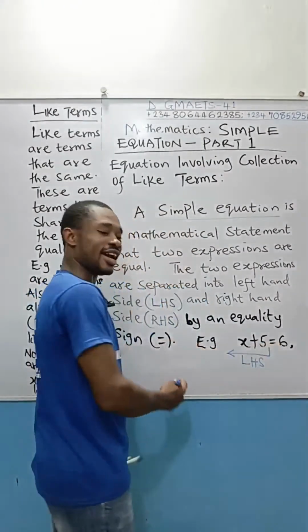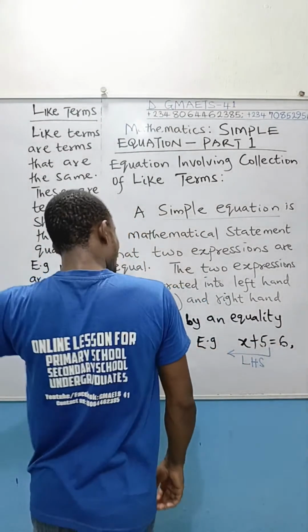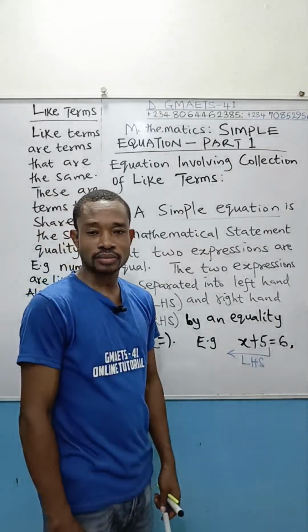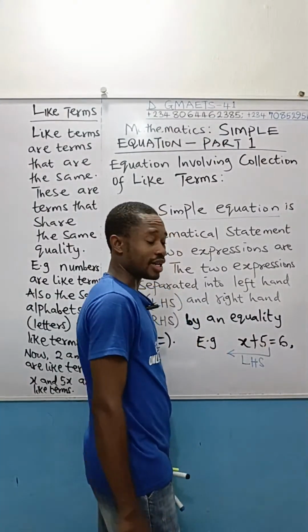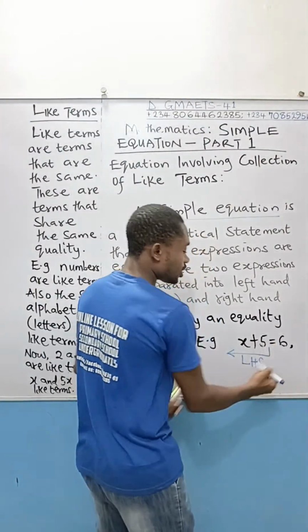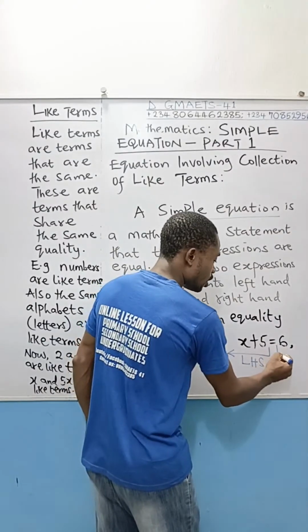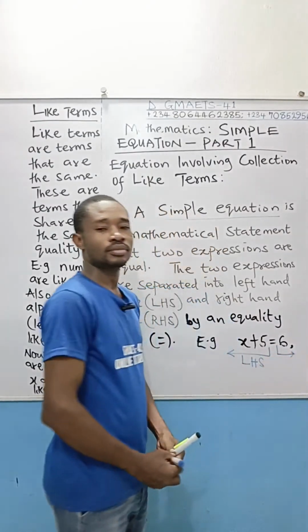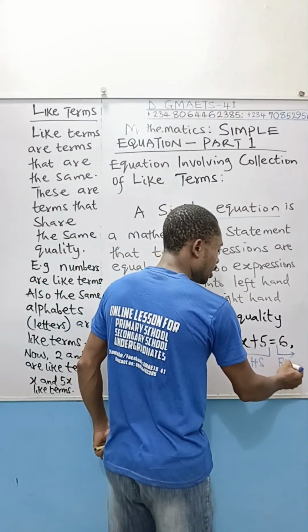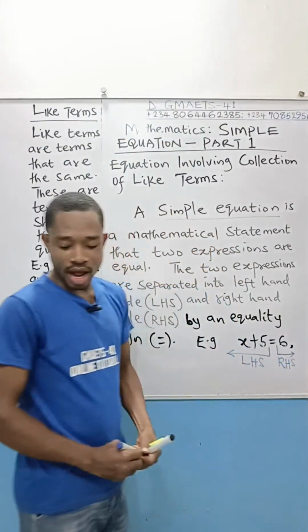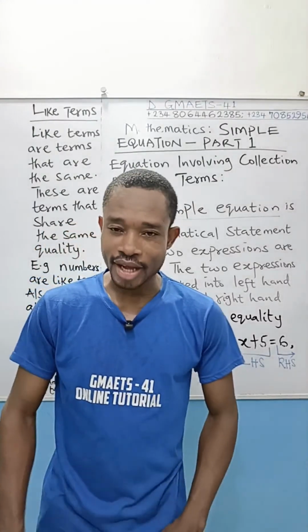Anything you see there is on the left-hand side of the equation. Then the end part of the equality sign, going this way, is called the right-hand side, RHS.